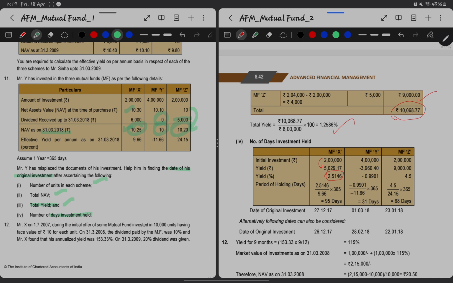We don't know what period it is, but for the investment period, from when to when Mr. Y held these mutual funds, that period yield is 2.5146%. Now we know that the annual percentage is 9.66.